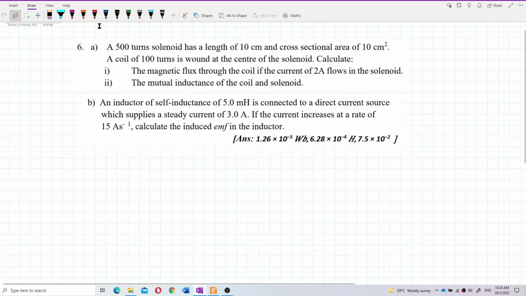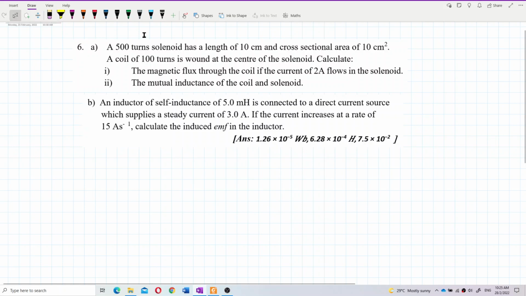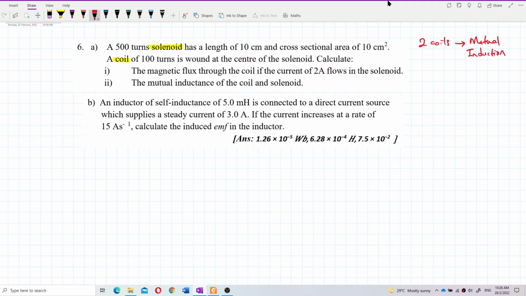Look at here. It has a solenoid and also a coil, so this is considered like two coils. So this is about mutual induction.